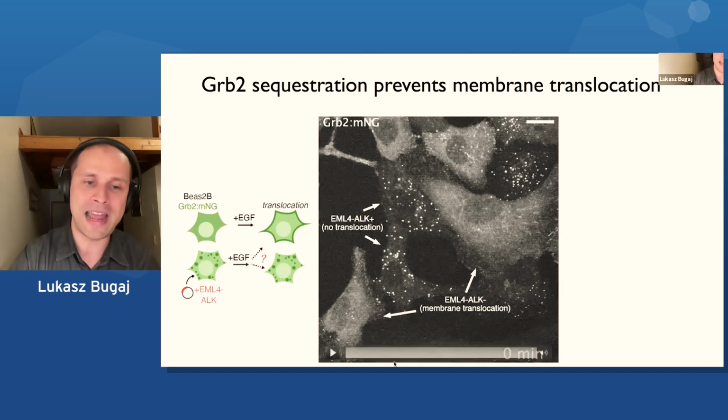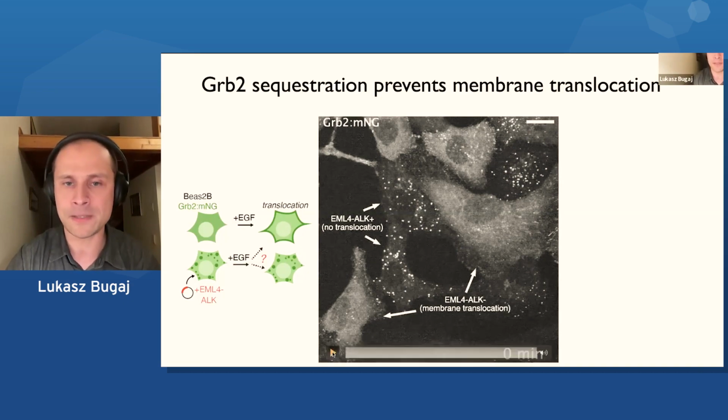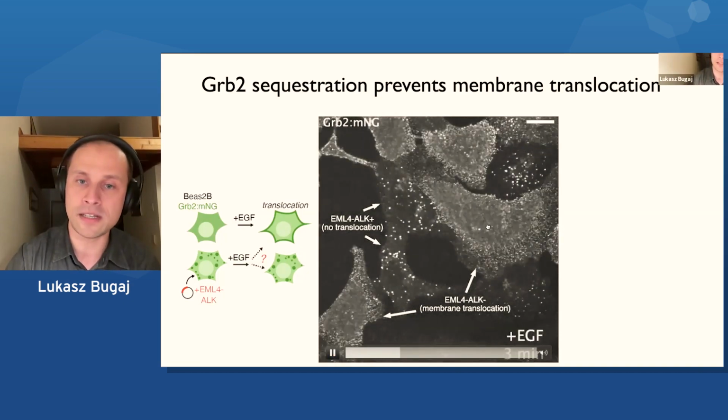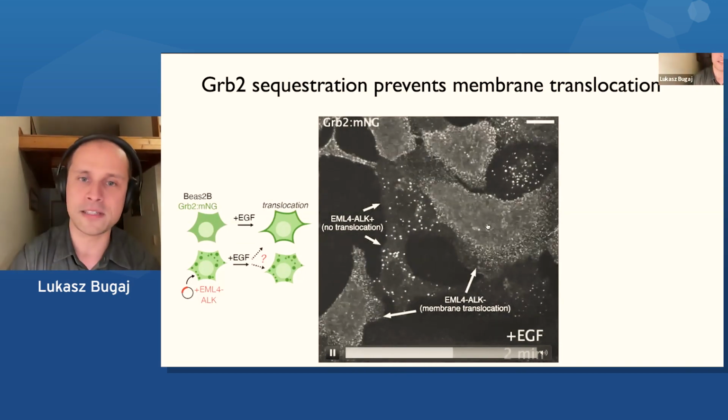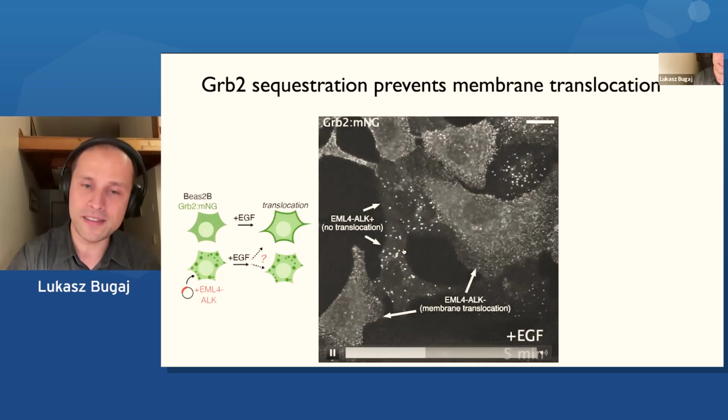Okay. I press play, we're going to add a ligand, which stimulates the pathway. Normally, in normal cells, the adapter will go to the membrane, which is where the receptor is. And that's what you see in these diffuse cells. I loop this for clarity so you can see this. It happens very fast. But you see this translocation in the normal cells, but in the cells where you see the condensates, which have the oncogene, no translocation.